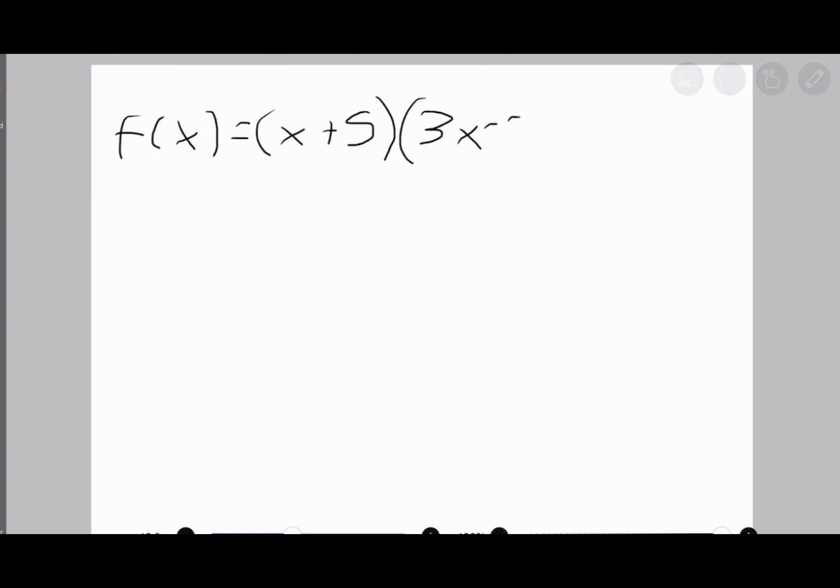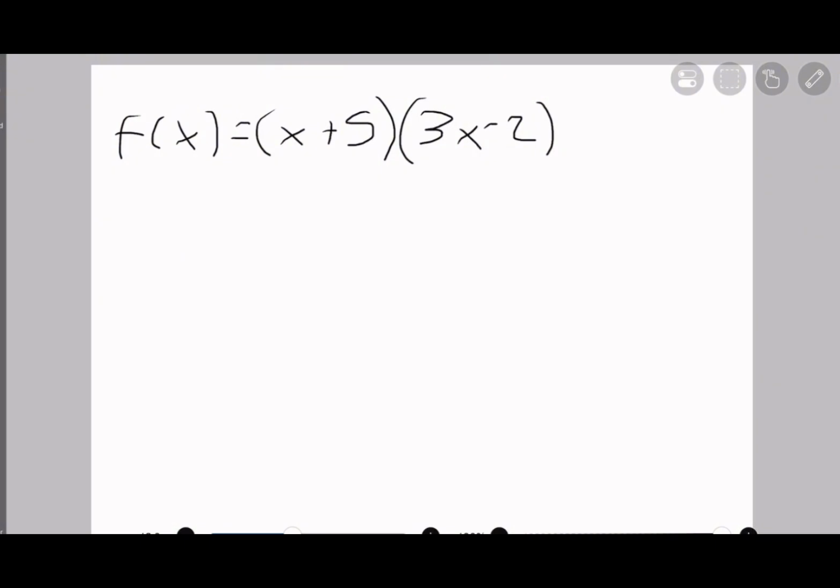Okay, so say we have the problem f of x equals x plus 5 times 3x minus 2. In this problem, we can see that both of these are being multiplied by each other, because of the parentheses.